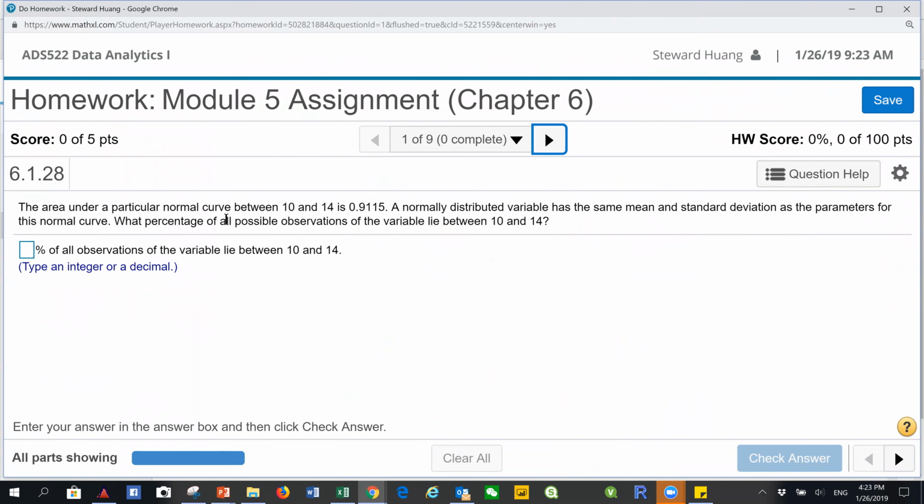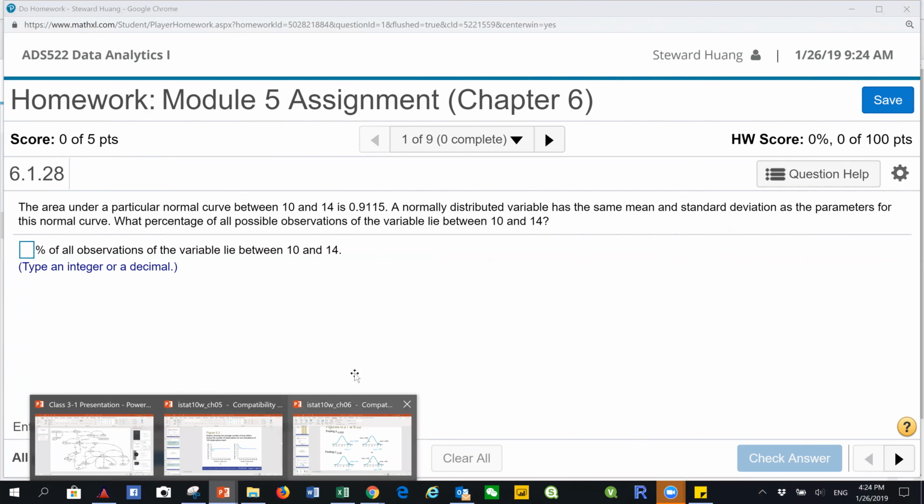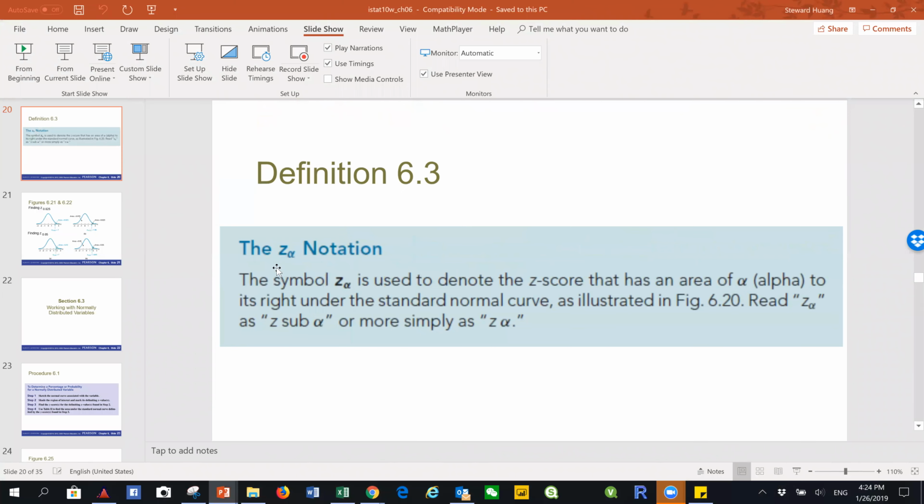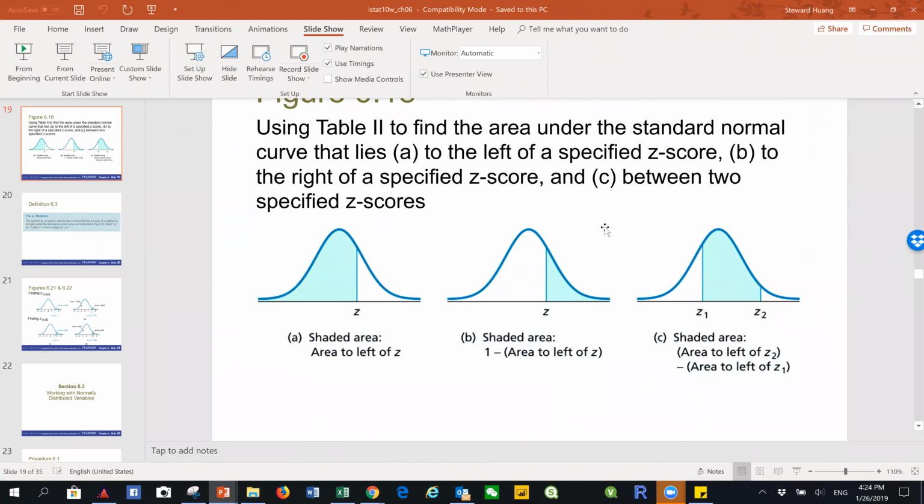Okay, this question is easy because it says the area under a particular normal curve between 10 and 14 is 0.09115. So that means the area is between an interval under the curve. But it didn't say it's a standard normal distribution. So it's like this one, maybe, for example, and not this one, because this is standard normal.